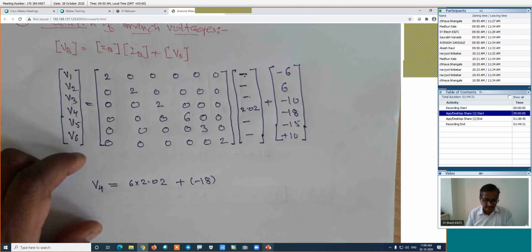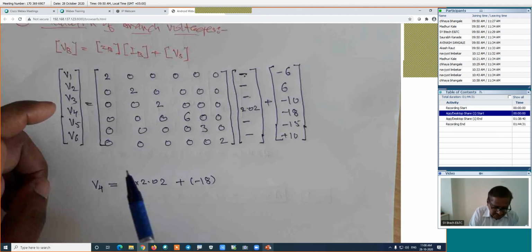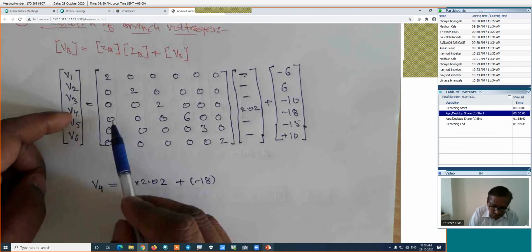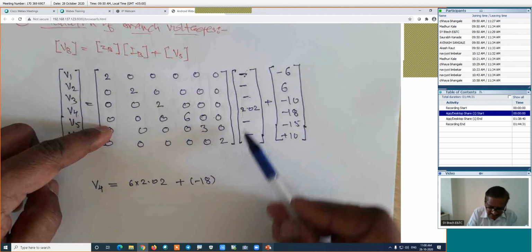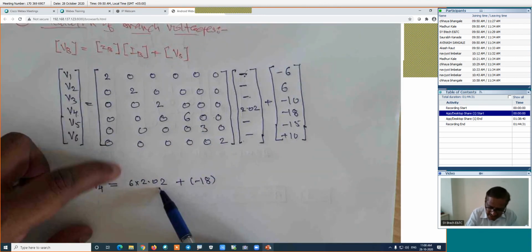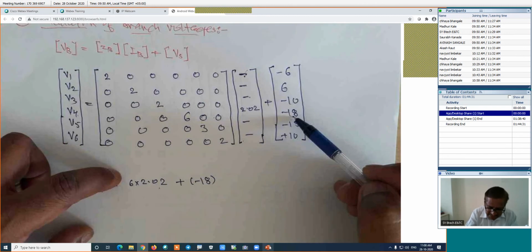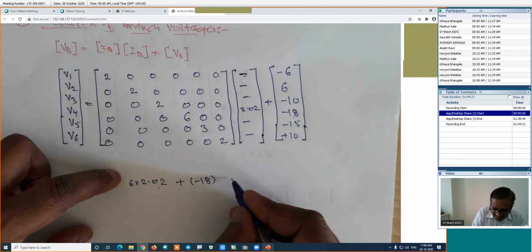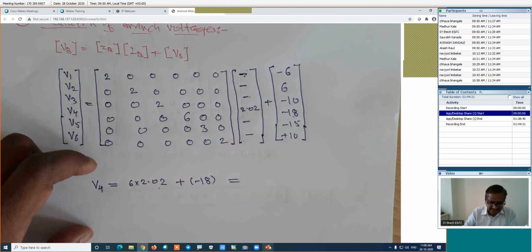Are you getting me? That multiplication will be 6 into 2.02 plus the fourth element.